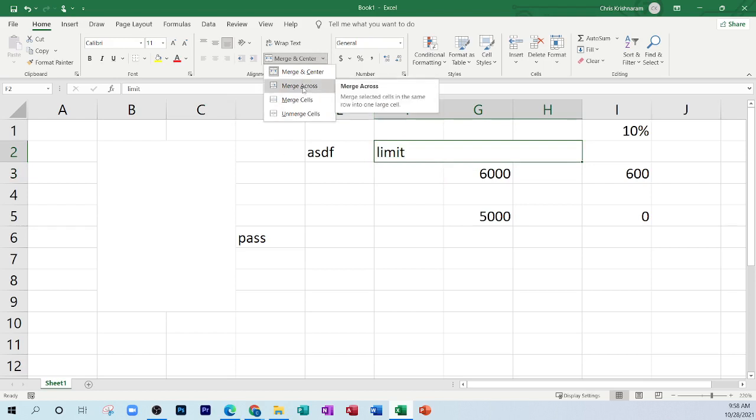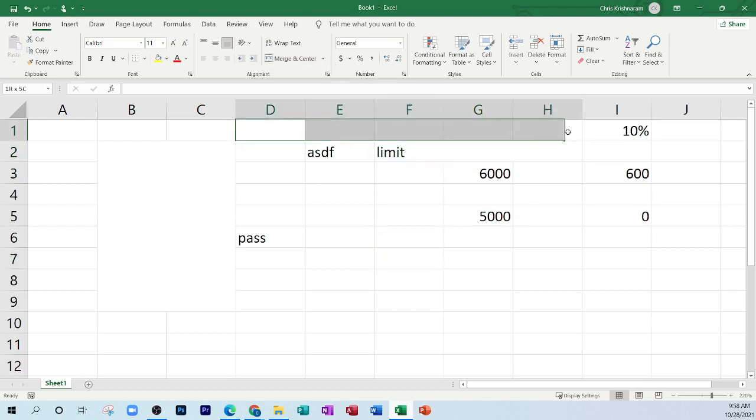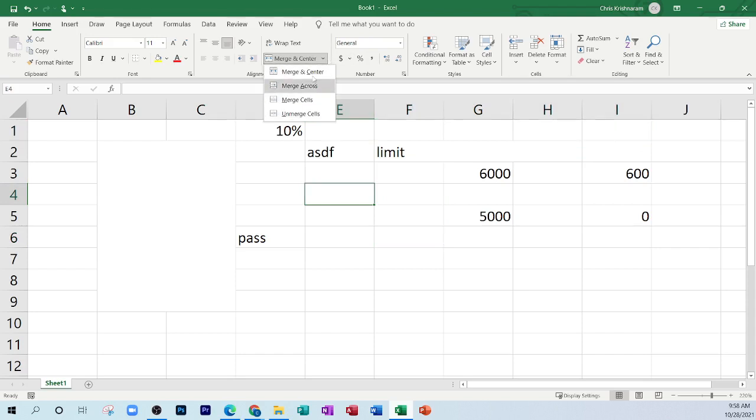Merge across. Unmerge. I've actually never gone into this drop down area. But yeah, they all function the same.